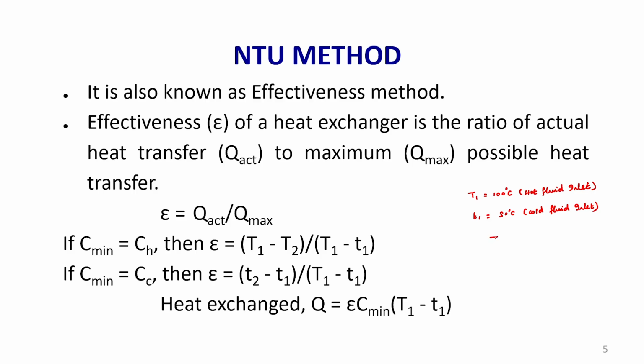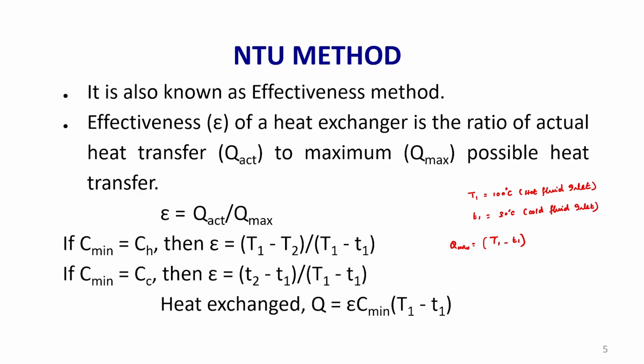So, this difference between capital T1 and small t1 is the maximum possible heat transfer. Once again, let me repeat, the hot fluid can be cooled only up to a temperature equal to the inlet temperature of the cold fluid.